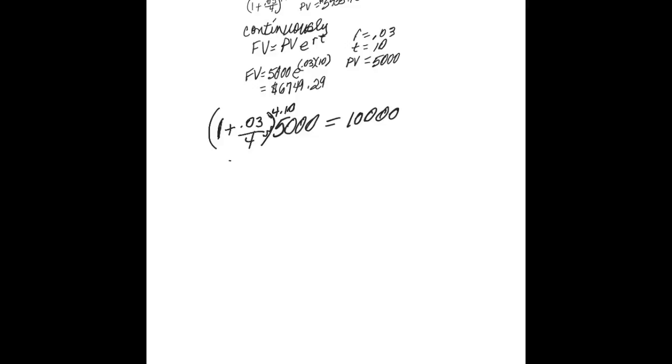And we are going to be talking about 10 years, so 4 times 10. I'm sorry, I made a mistake. So we want to know the time. We don't know the time. So we don't know if it's going to be 10 years or not. So we're going to put a t there.